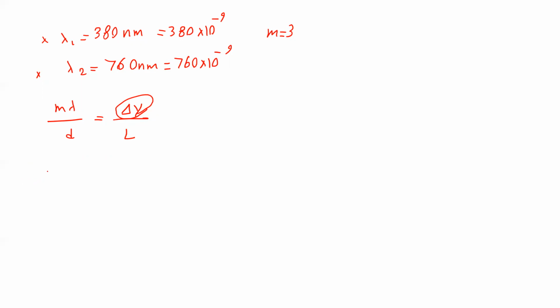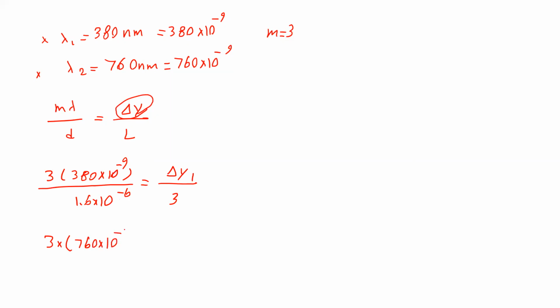So for lambda 1, I write 3 times 380 times 10 to the power minus 9, divided by 1.6 times 10 to the power of minus 6. That is our separation, which we already calculated. Delta y1 and the order was 3. I do the same thing for lambda 2.